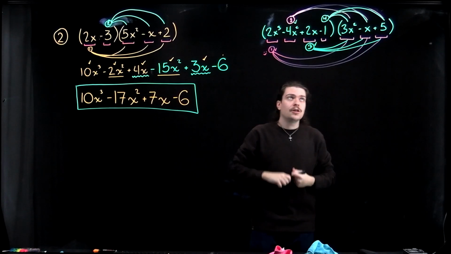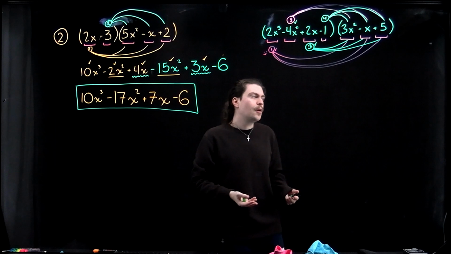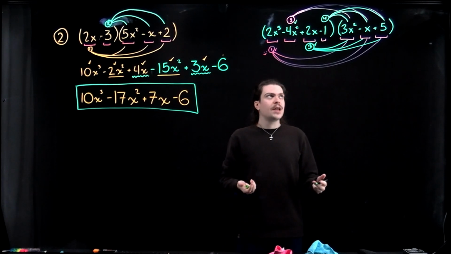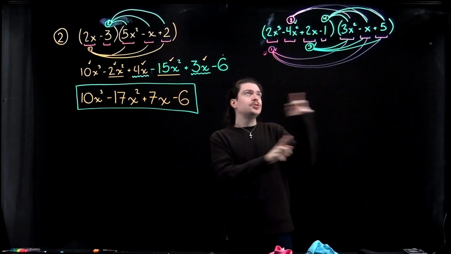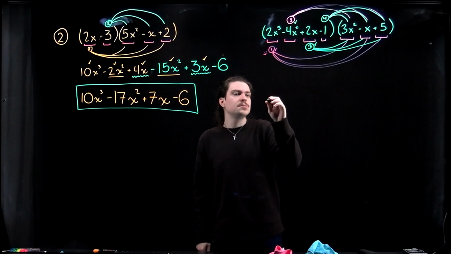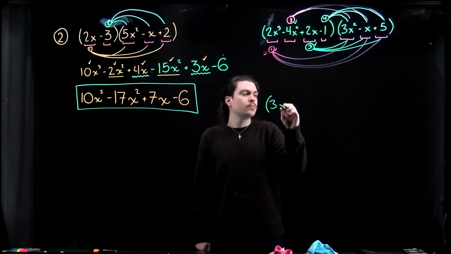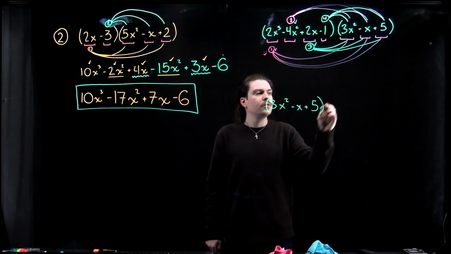Now, to make this a little easier, if you want to do something else, you also remember that by our additive property, I believe, one of the math properties, we can switch the order that these are presented in, right? So if I don't want to do this 4 times, I could also say 3x squared minus x plus 5.